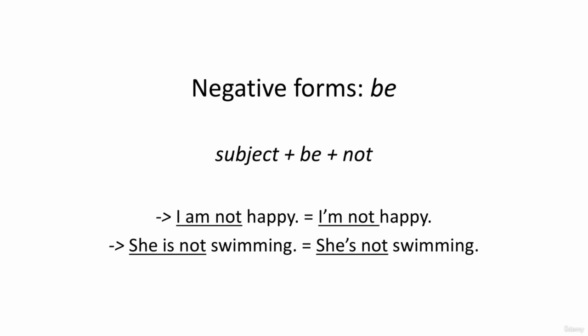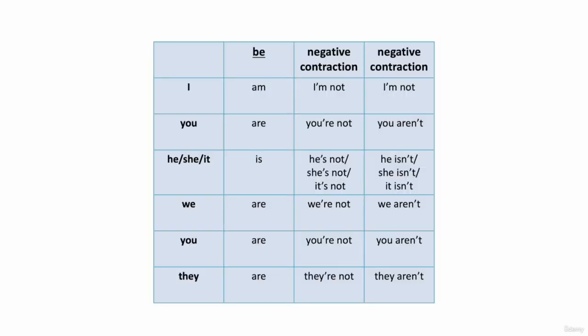For example, I am not happy becomes I'm not happy. She is not swimming becomes she's not swimming. There are two different ways to contract the verb to be: with the subject or with the word not.